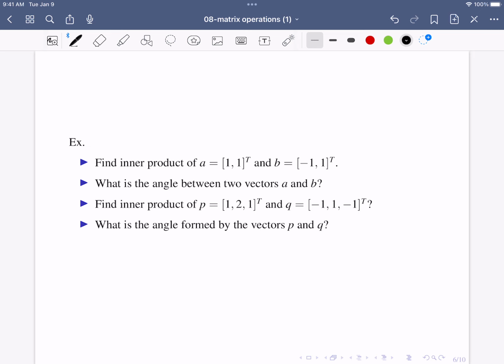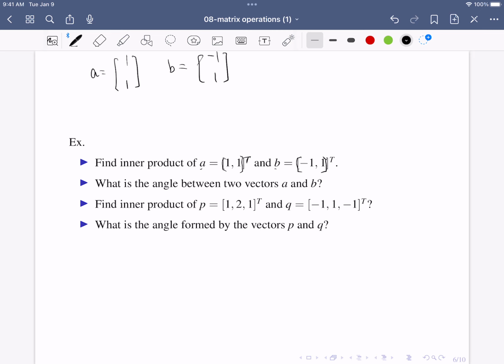There's one example. A and B are given. A is given by the transpose of the row vector 1, 1, which means the column vector 1, 1. B is the transpose of this row vector, which is a column vector.